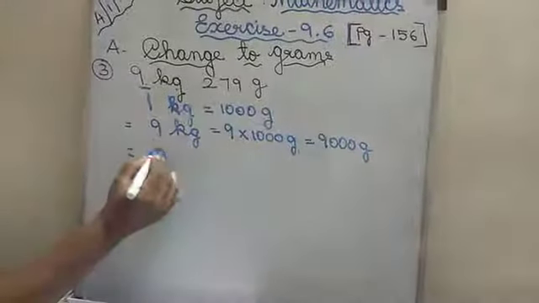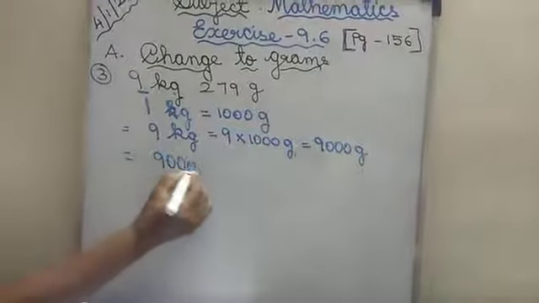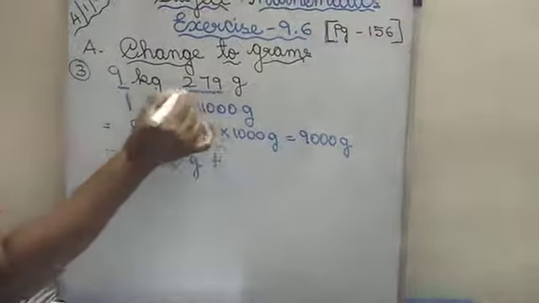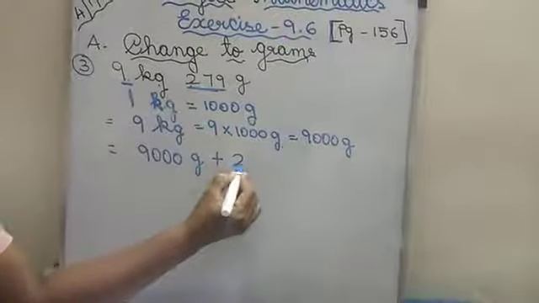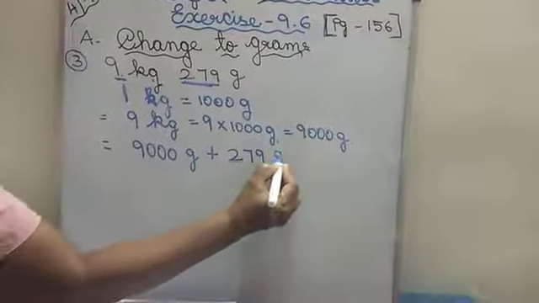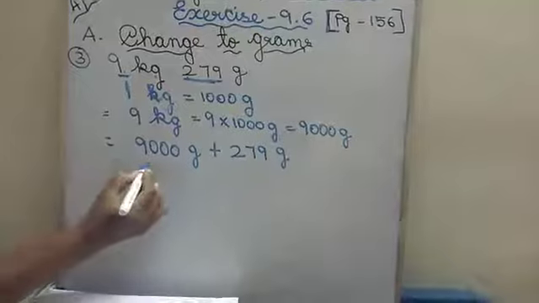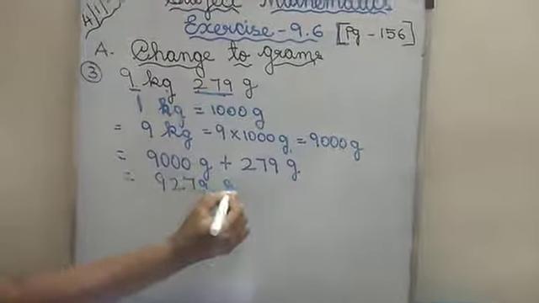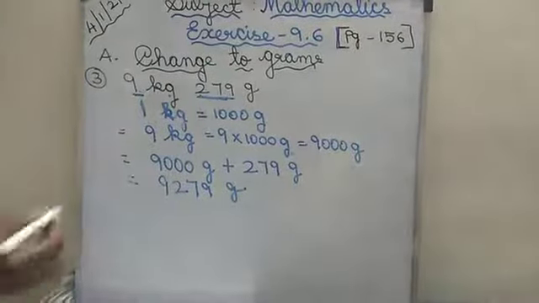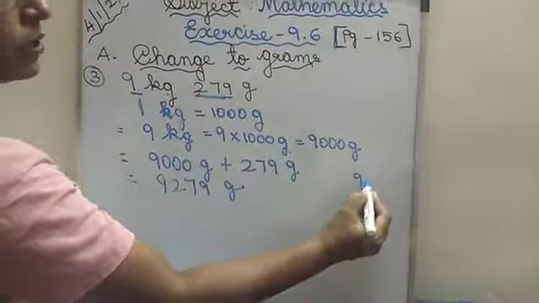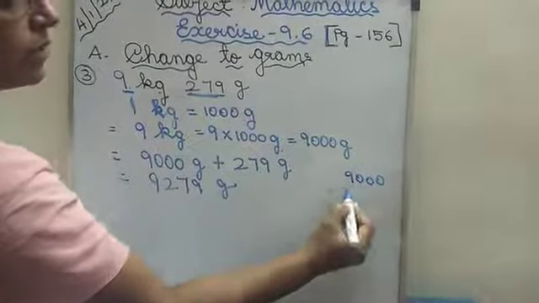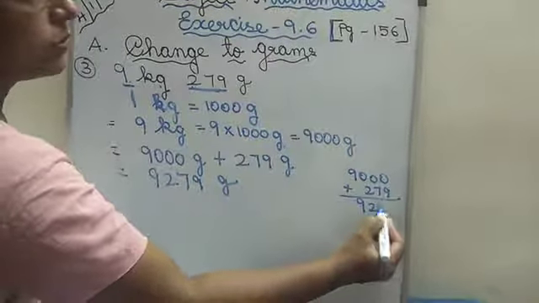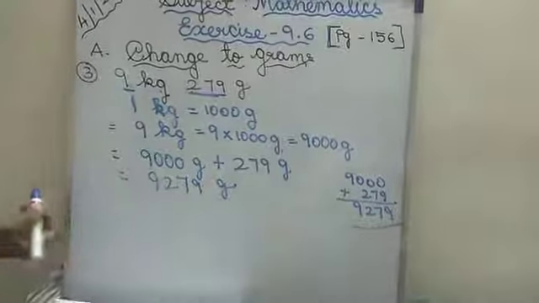You have to add this 9000 gram plus this 279 gram. So what will the answer be children? 9279 gram. Understood children? See, if you want, you can write like this: 9000 plus 279. So what will come? 9279. Understood children?